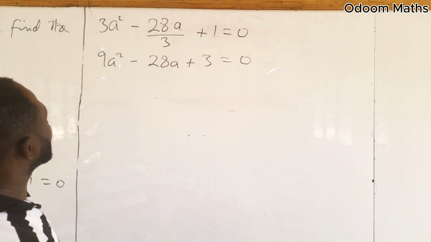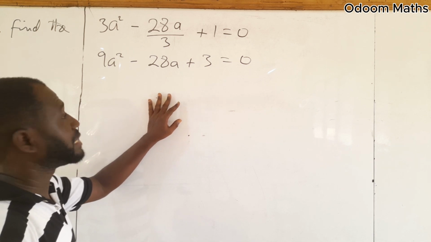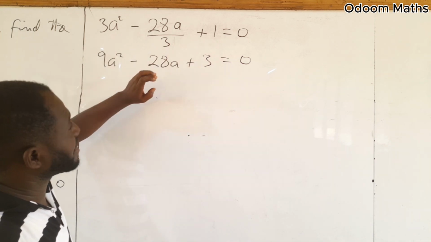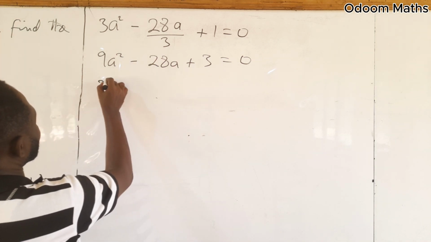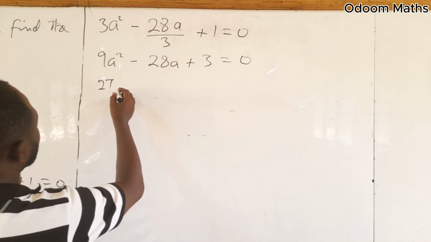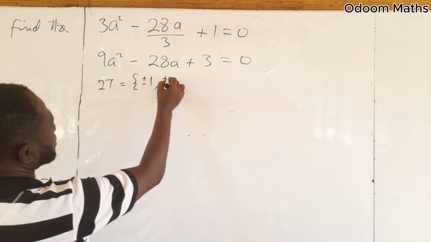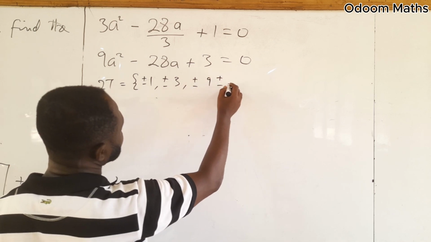From here, I'm using the quadratic factorization method. That is, I'm going to multiply this and this one, then find the factors that can fit here. So 9 times 3 is 27. Factors of 27 are plus or minus 1, plus or minus 3, plus or minus 9, plus or minus 27.